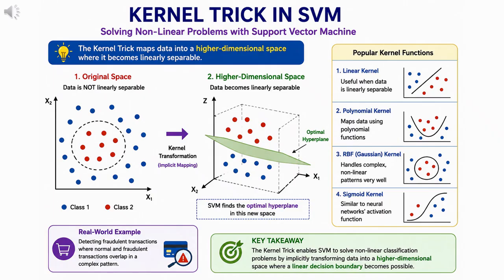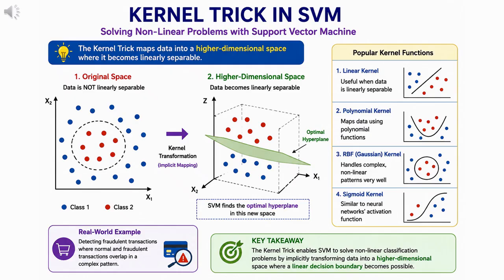So far, we've seen how support vector machines work well when the data can be separated by a straight line. But what happens if the data is mixed together in a curved or circular pattern? This is where the kernel trick comes into play. Instead of trying to separate the data in its original two-dimensional space, the kernel function mathematically maps the data into a higher dimensional space.